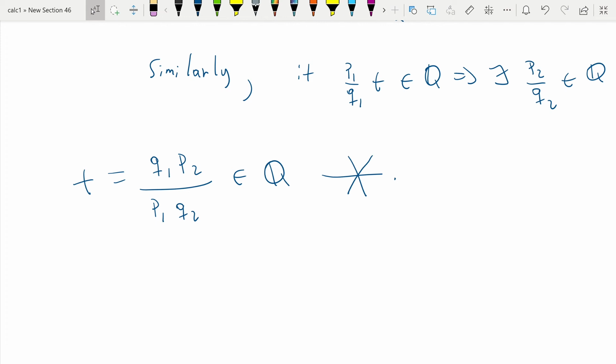In all other cases, the product of an irrational and a rational number would be an irrational number. And if we add one irrational number and a rational number, then the result of this addition will be an irrational number. So that's the content of A and B.